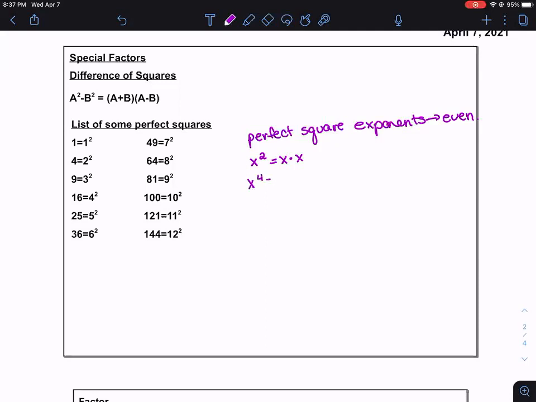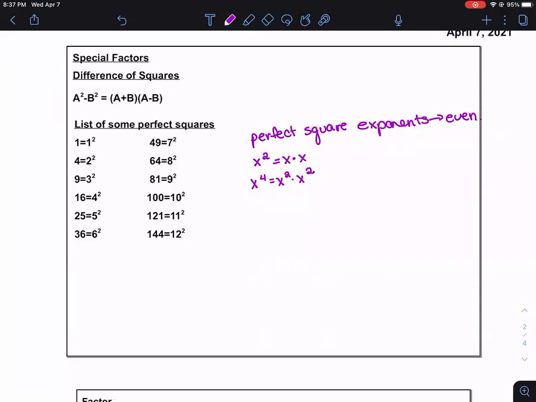X to the 4th is a perfect square because x squared times x squared is the same factor to give me back x to the 4th. We generally don't go higher than x to the 6th in this class, but x to the 6th is a perfect square because x cubed times x cubed are the same 2 factors to give me back x to the 6th.